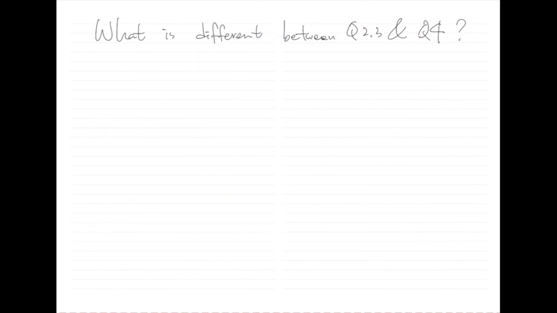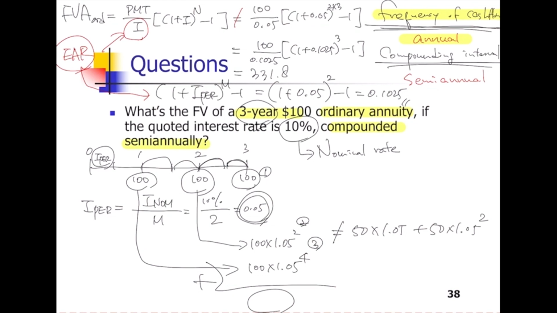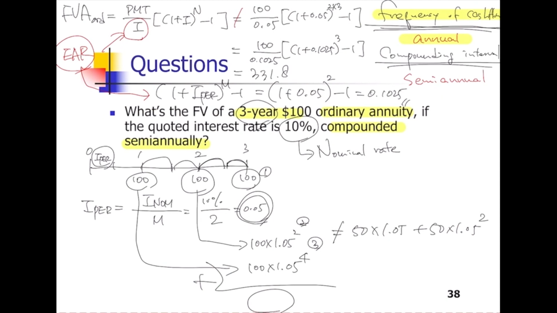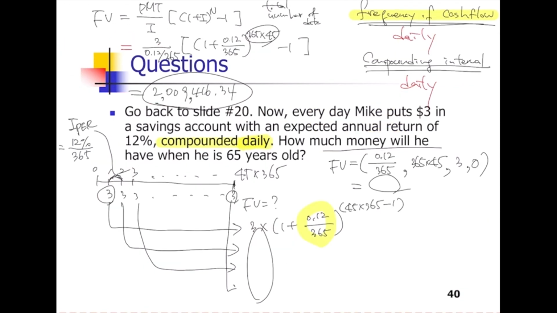There is a difference between questions 2 and 3 and question 4. In questions 2 and 3, the frequency of cash flow is annual, but the compounding interval is semi-annual, right? But in question 4, the frequency of cash flow is daily, and the compounding interval is also daily.